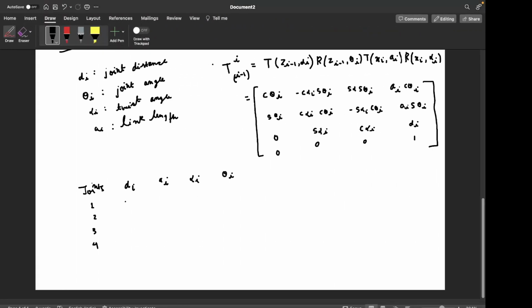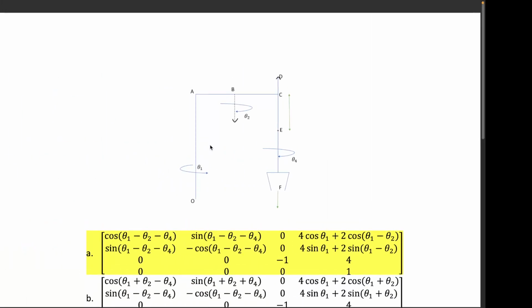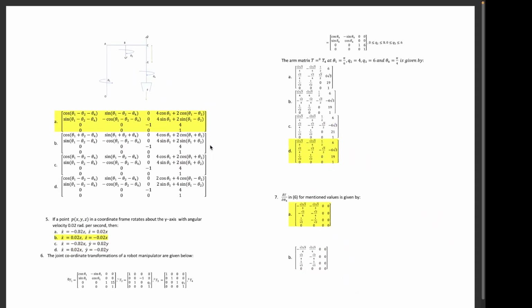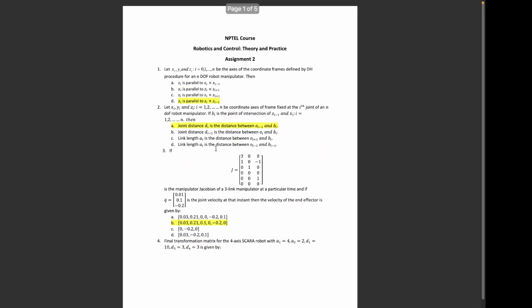Then we zoom it out. Yeah, d1, and then we have a1, a2, and d3, d4.